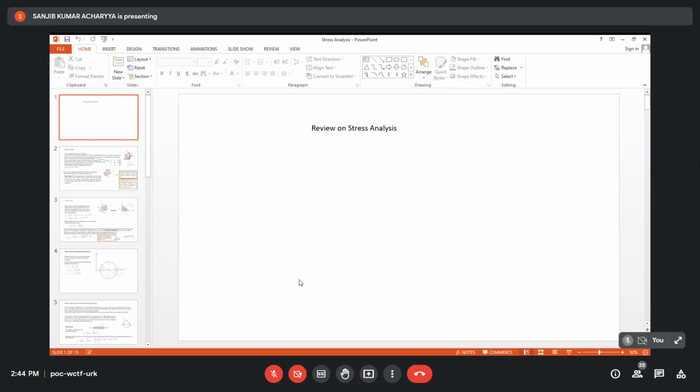And due to deformation, strain inside the material will be developed. Strain is nothing but deformation per unit dimension. And due to the strain, stress will be developed inside the material. Resistance against strain and deformation will be developed due to microstructural behavior of the material.